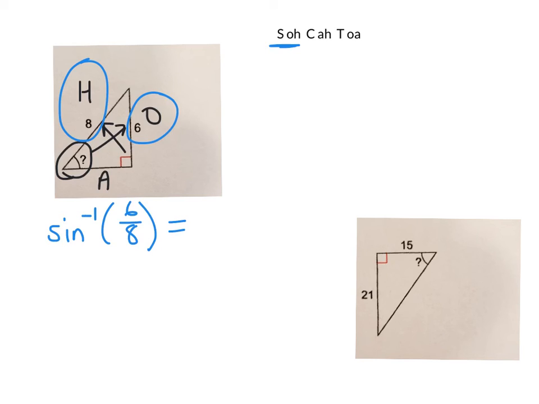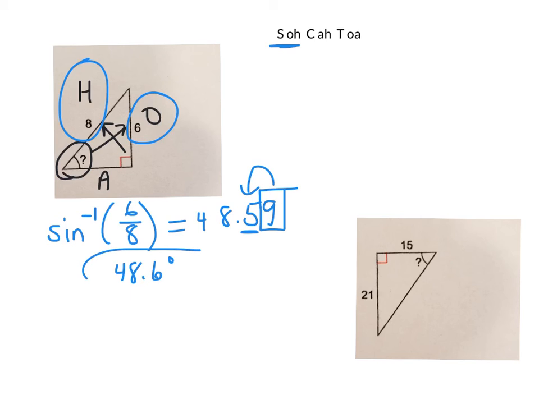And then we're just going to grab our calculators and figure out, if we have to round, that will give us 48.59. Again, this is the nearest tenths. That's the boss, so the boss is big enough to kick that up. So our final answer for that problem is 48.6 degrees.